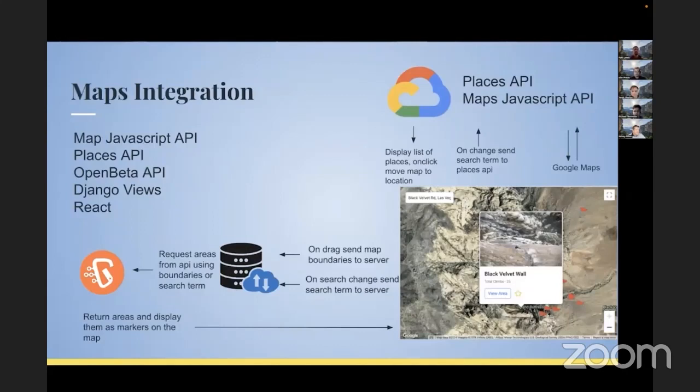Clicking on the flags opens a little pop-up box, which the user can then favorite or view the area or route in greater detail.